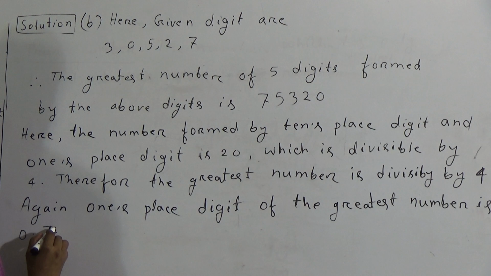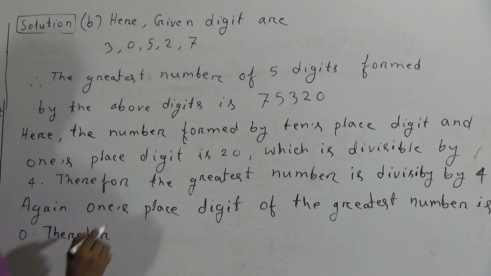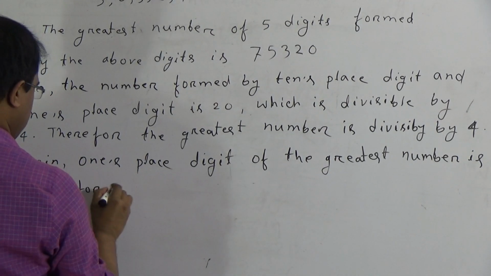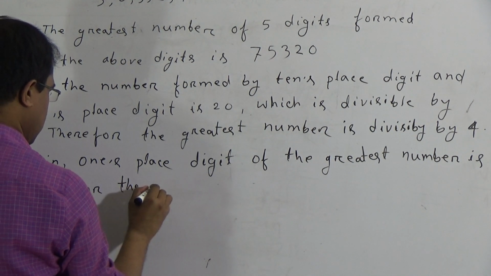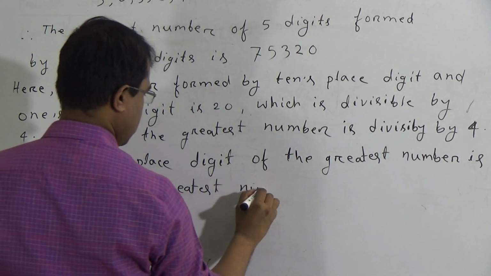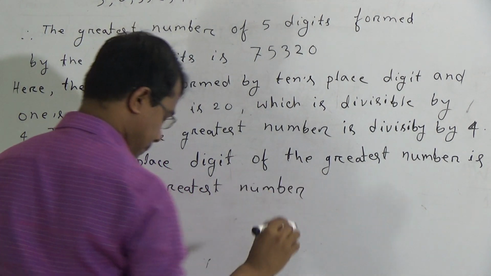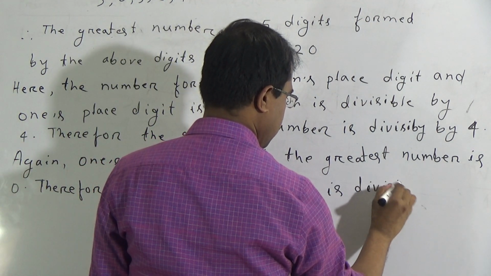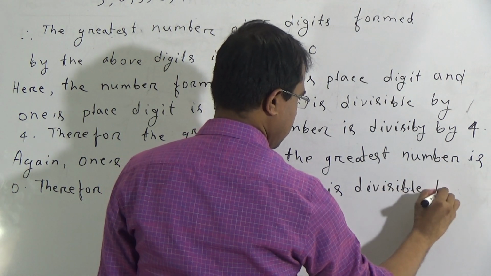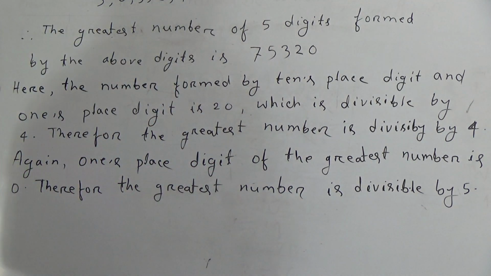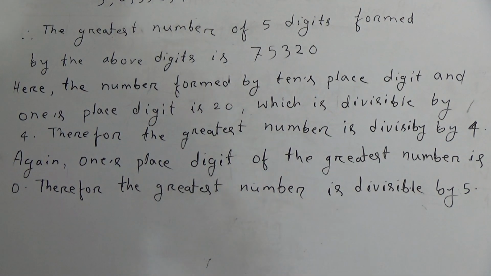Therefore, the greatest number is divisible by 5. Okay, dear students, we have solved B number. Now we'll solve C number.